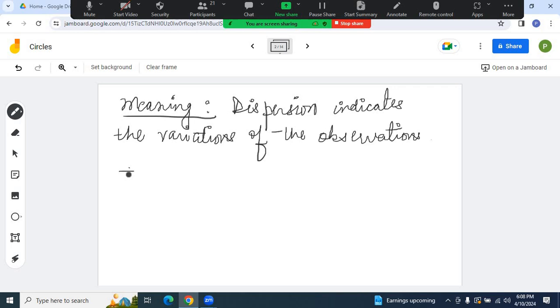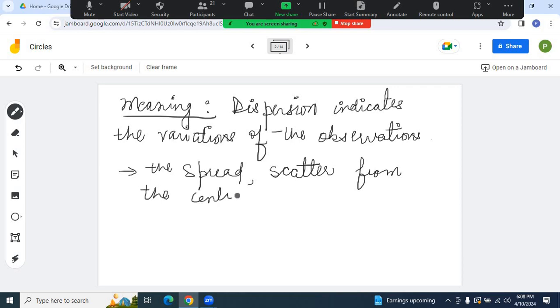That is, how much is the spread, how much are the items scattered from the central value. The central value is the mean, which we have already discussed.